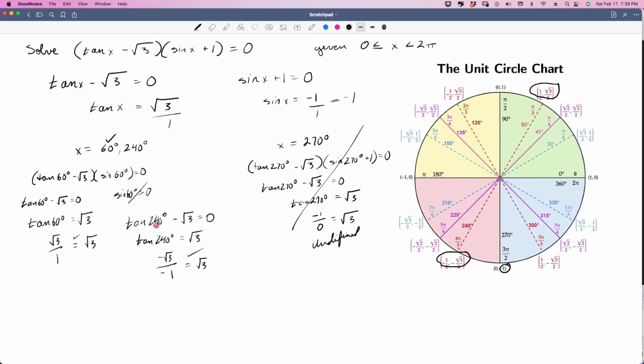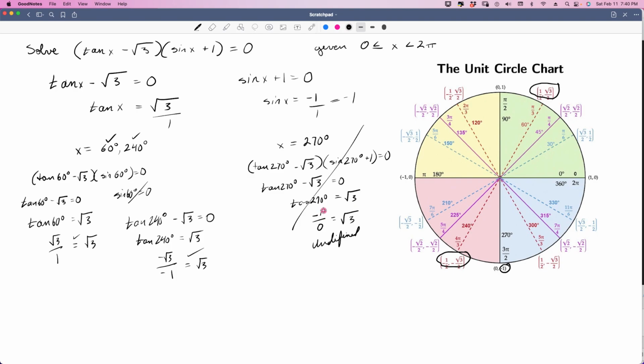We look at 240 minus square root of 3 equal to 0. Then yes, because both of these match these already, we knew they would solve out. But we're just showing you negative square root of 3 over negative 1 is a positive square root of 3. So 240 is also a possible solution for x. However, x is equal to 270 degrees. When we sub that in, we get tan of 270 is equal to square root of 3.